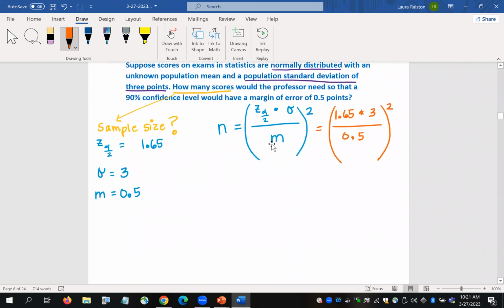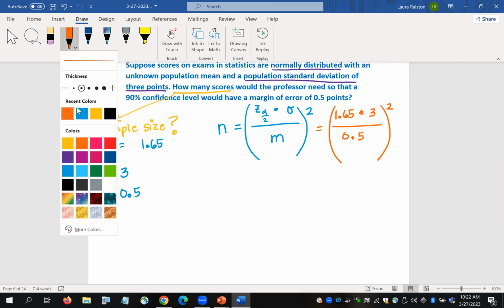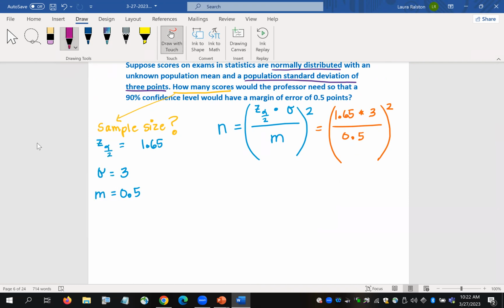Guys, remember, you have to follow order of operations. Order of operations would tell you to do what's inside the parentheses first, and inside the parentheses, I would do the multiplication first.